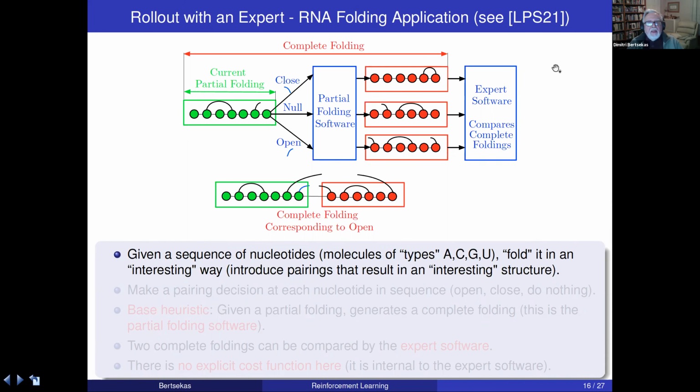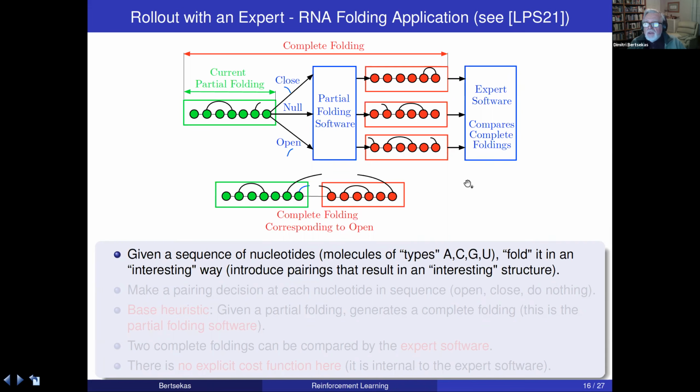Okay, RNA, we're getting into very popular stuff, but this does not have anything to do with vaccines. It has to do with RNA and how it folds. RNA involves a sequence of molecules, nucleotides, and there are certain types, A, C, G, and U. And we have this sequence, which is given to us.